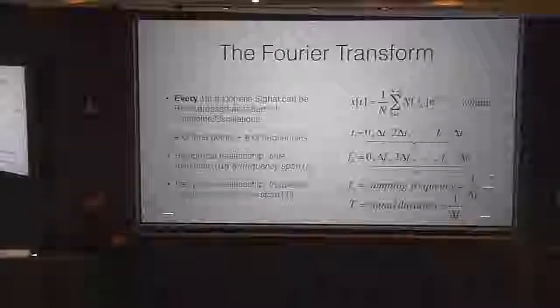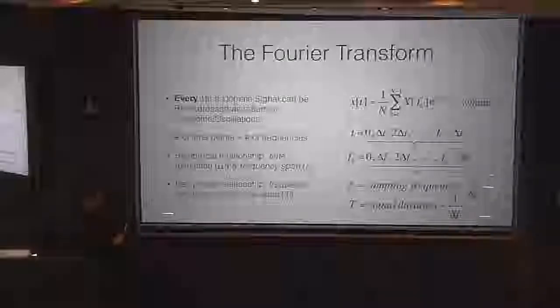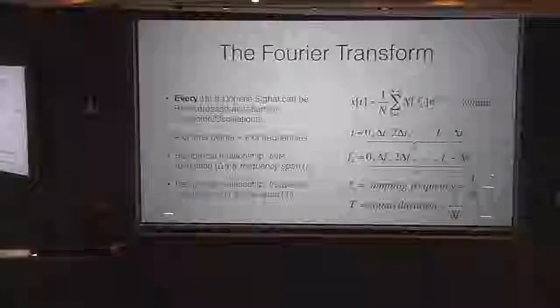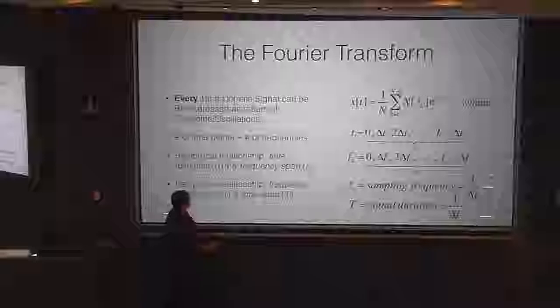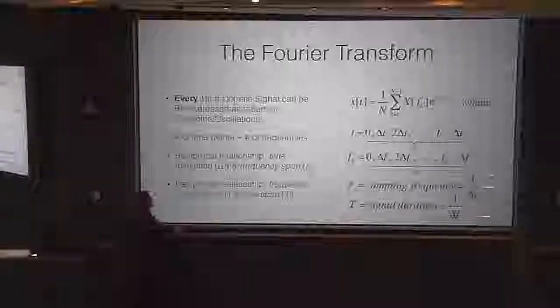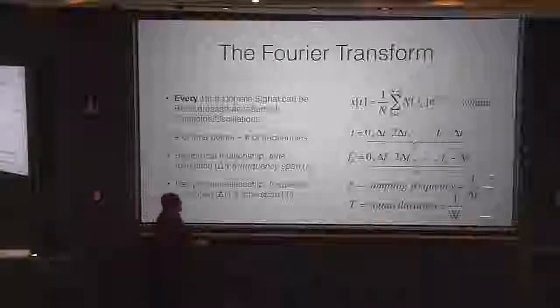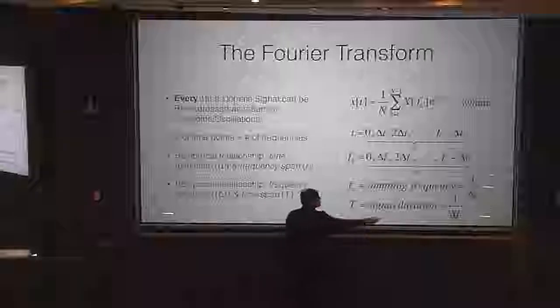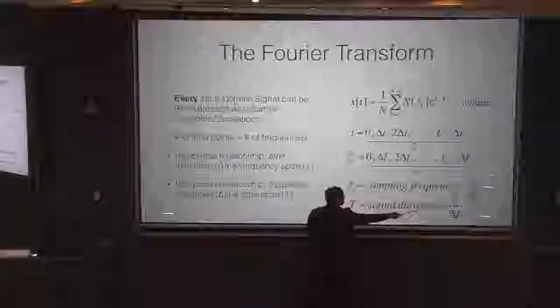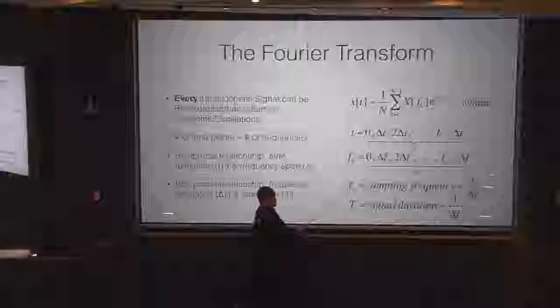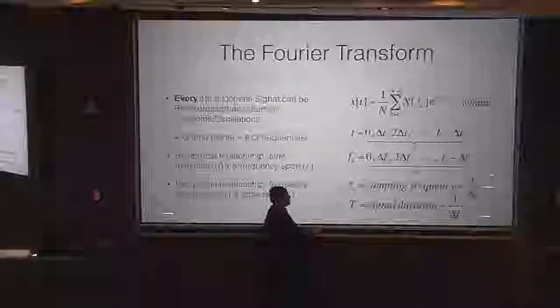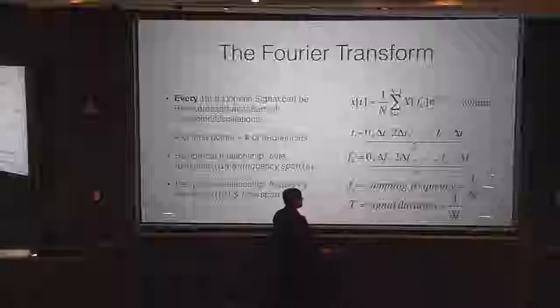When you take the Fourier transform, if you start off with N points, you end up with N points. And there's a specific reciprocal relationship between the time resolution and the sampling frequency. So the highest frequency goes along with the time resolution.